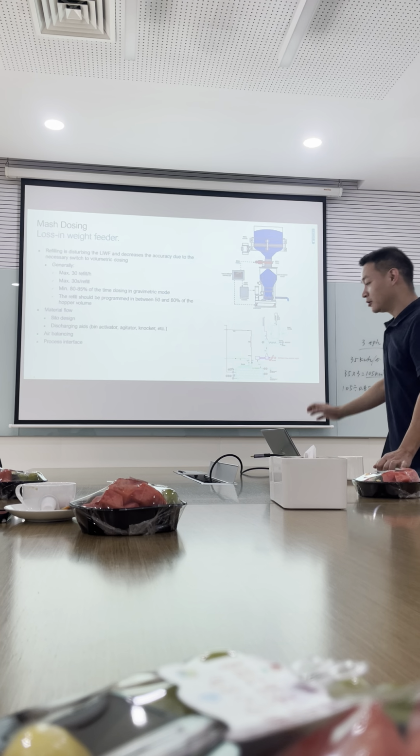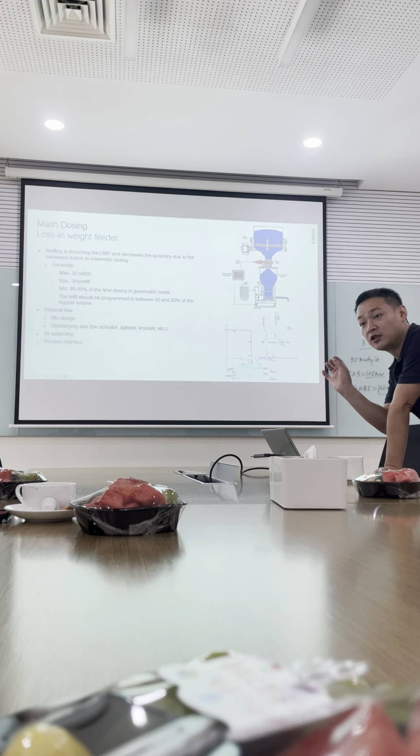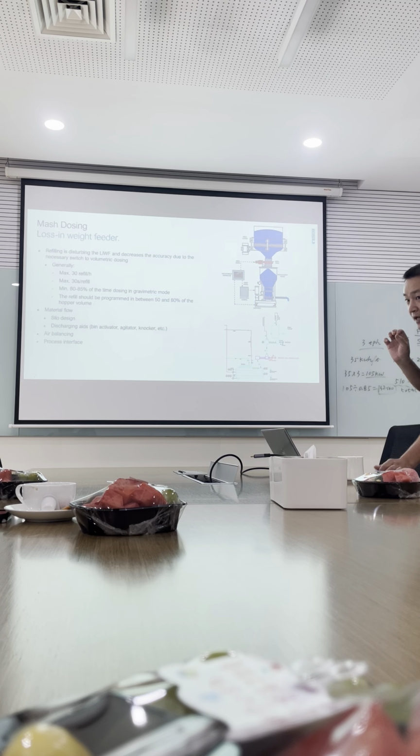So when we do the refilling, we have material dropping into the bin, and this time it's not the gravimetric feeder anymore. It will be turning into a volumetric feeder. So that's why we need to control the refilling times. You know what I mean?